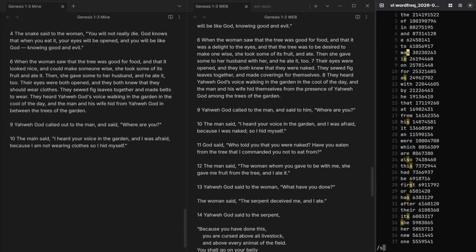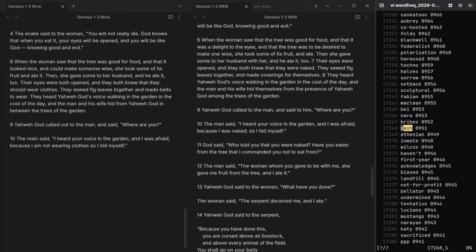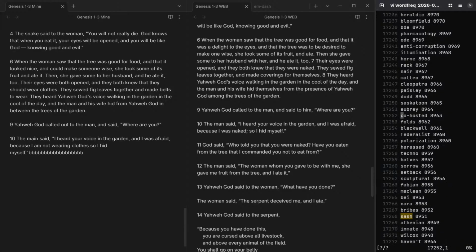If a kid can read the word, and then their parent has to explain what it means, that's probably better than using a word they're not going to understand. Well, let's be frank. If I use the word sash, they're not going to be able to read it on their own, and their parents are still going to have to explain it to them. So belt might be better in this case.